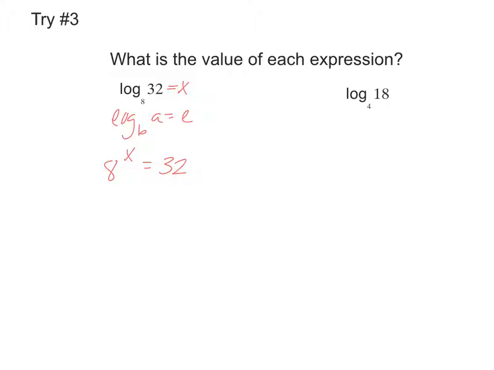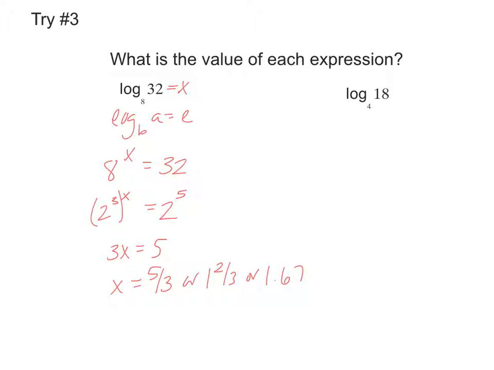The base that they share is 2. So 2 cubed to the x equals 2 to the 5th. After the bases are the same, we'll get 3x equals 5. So x equals 5/3 or 1 2/3 or 1.67.